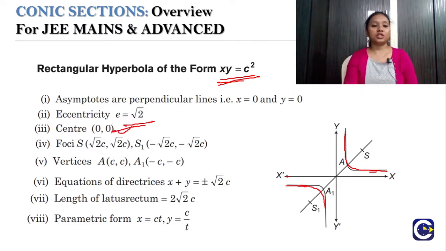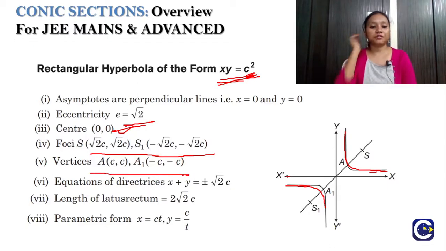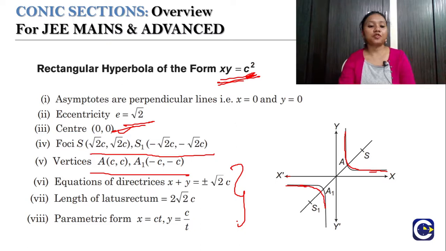The center is also 0, 0, whereas my focus will be somewhat different. Here my foci have the coordinates root 2c, root 2c, and minus root 2c, minus root 2c. My vertices will also change because here my constant is c. So the vertices, the length of the latus rectum, and the parametric point form will also be different.